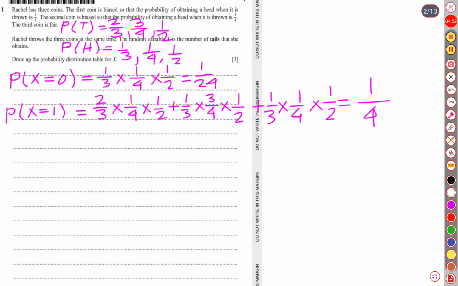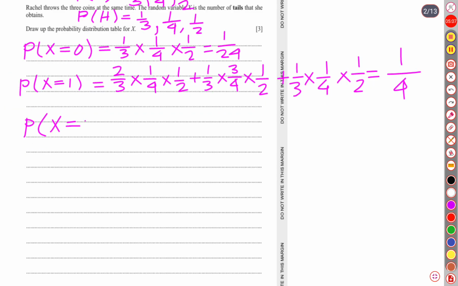The third possible case is when there are two tails. X equal to 2 when there are two tails. So what are the possible cases? Let the first two be tail.